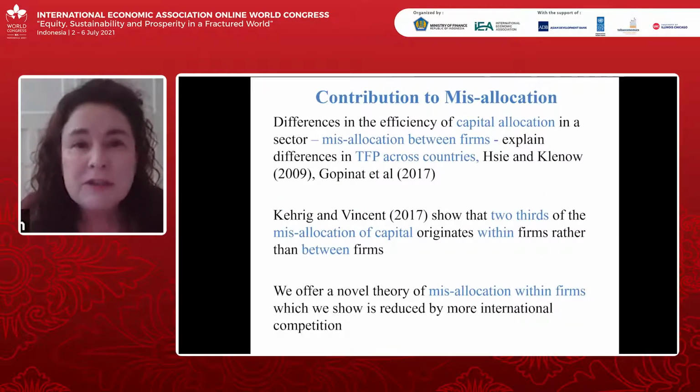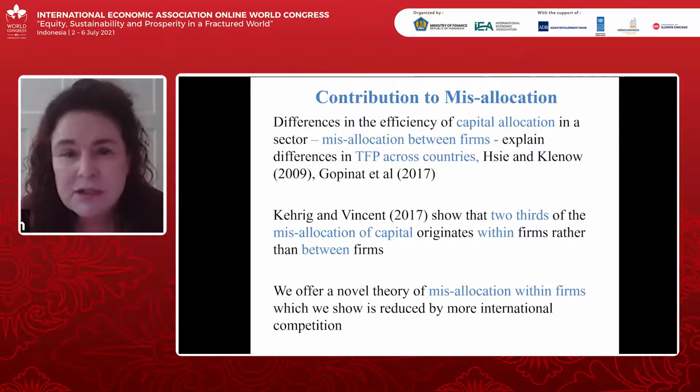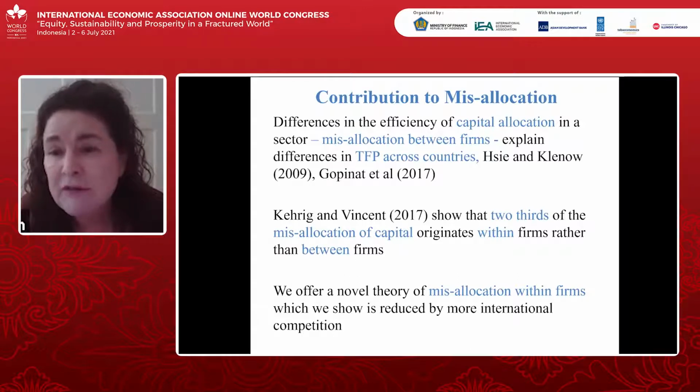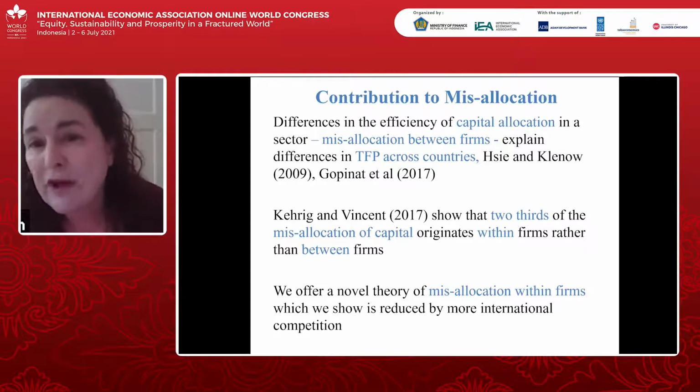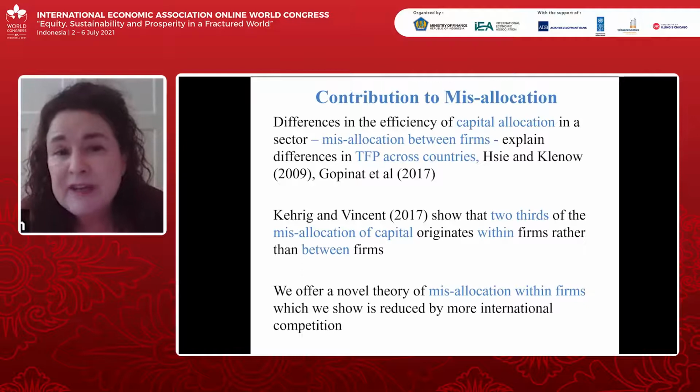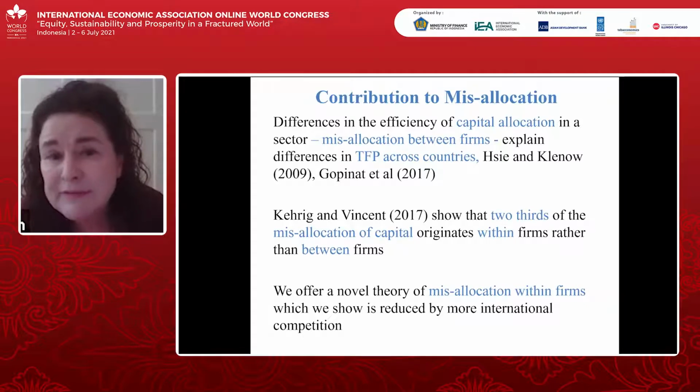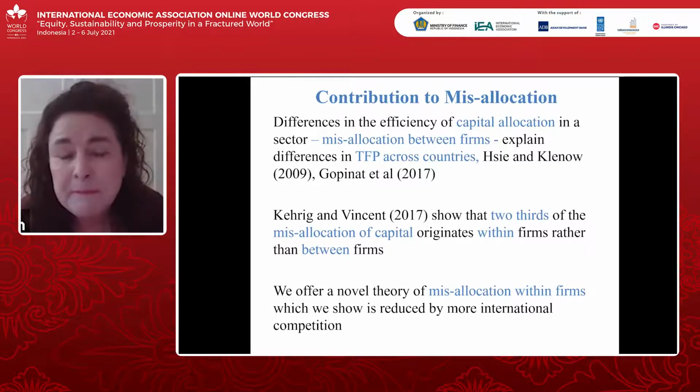We also make a contribution to the misallocation literature. The misallocation literature said that differences in the efficiency of capital allocation in a sector, they call it misallocation between firms, explains differences in total factor productivity across countries.